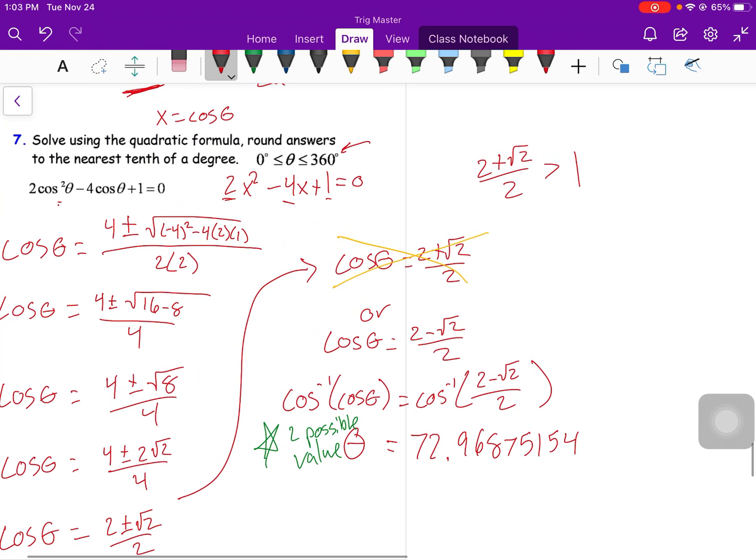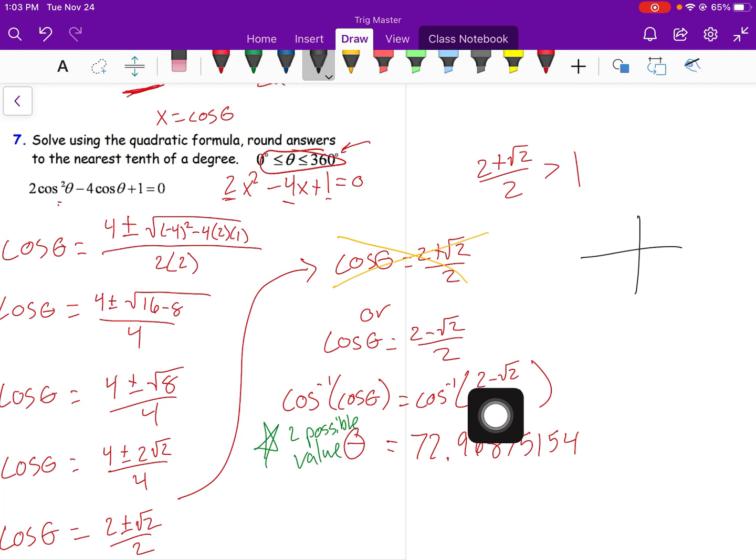I have two possible values because of our restrictions. Because cosine is positive in two different quadrants. Cosine is negative in two different quadrants. I know this is a positive value because 2 is bigger than the square root of 2. So in order for cosine to be positive, it's got to be in quadrant 1 or quadrant 4. We found the reference angle, which is in quadrant 1, so that's one of our answers.